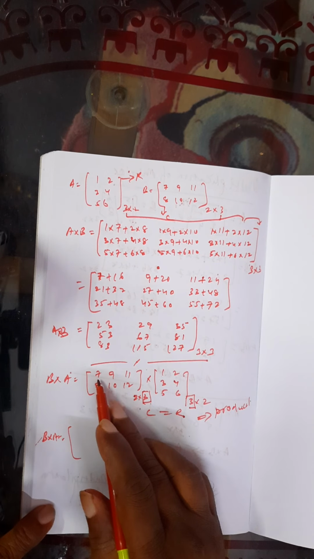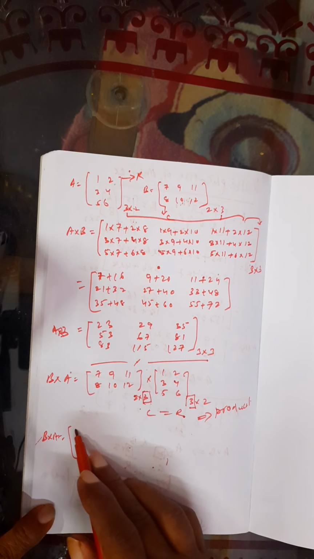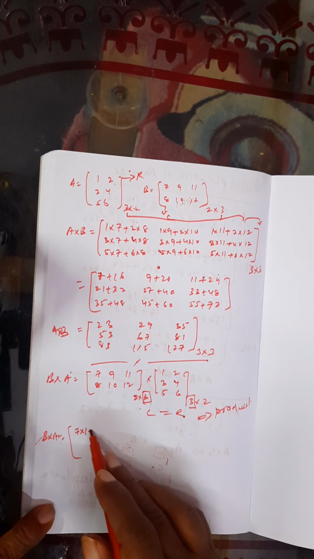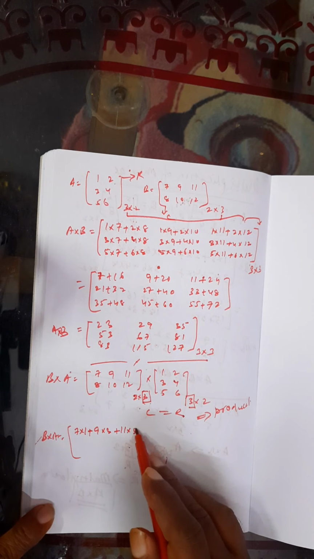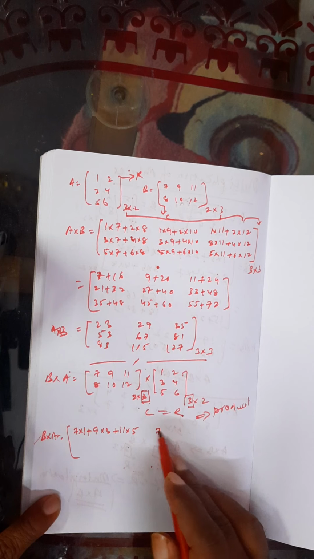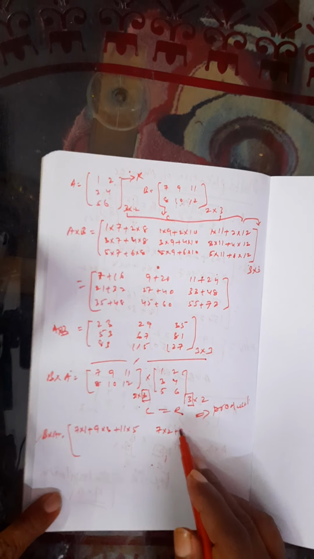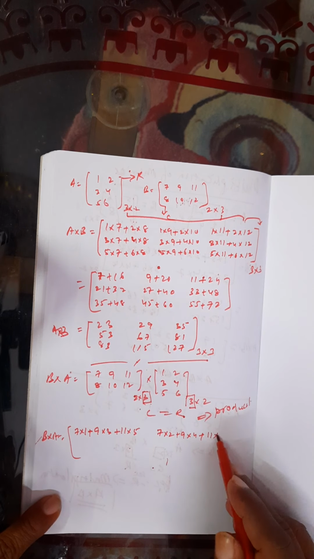Now pick the first row numbers and multiply with the first column: 7 ones are 7 plus 9 threes plus 11 fives. One more column is there, so we have to complete that: 7 into 2, 9 into 4 plus 11 into 6.